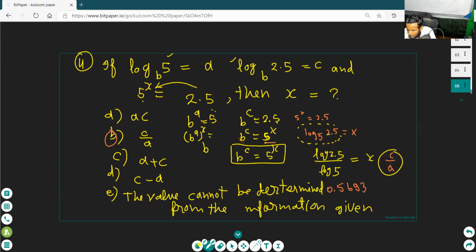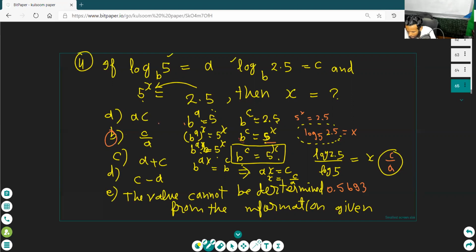We need the power of 5 as x, and this will become b to the power Ax is equal to 5 to the power x. Then b to the power Ax is equal to 5 to the power x, and b to the power C is equal to 5 to the power x. Then we can write b to the power Ax is equal to b to the power C. Then we can write Ax is equal to C, and x is equal to C upon A. This is also a method.